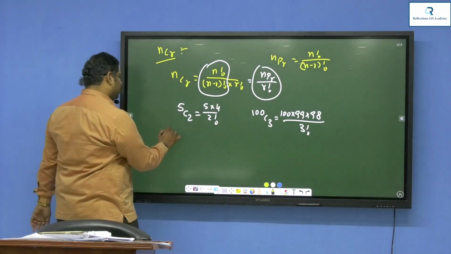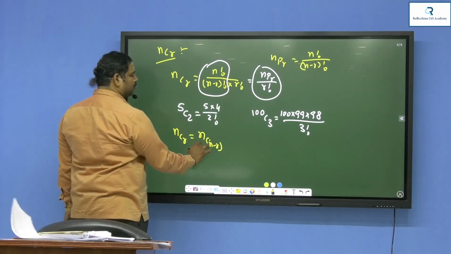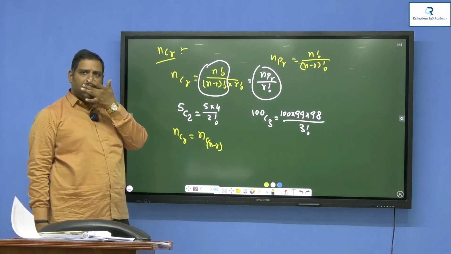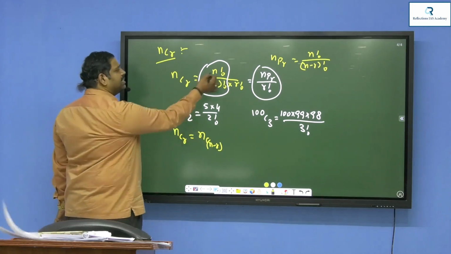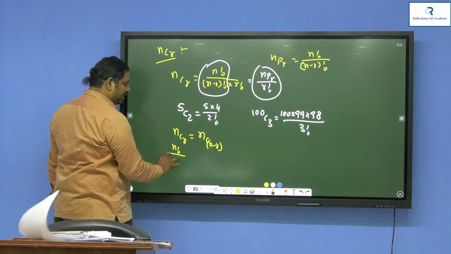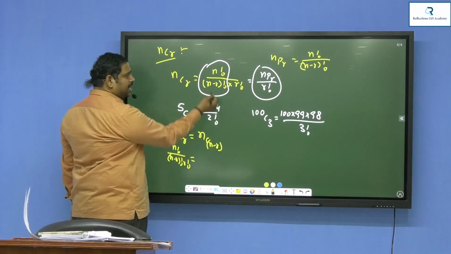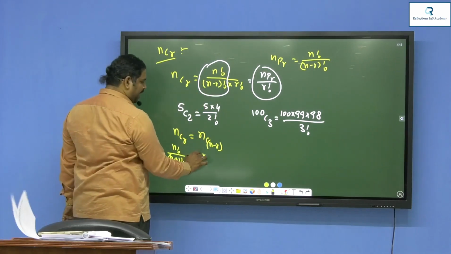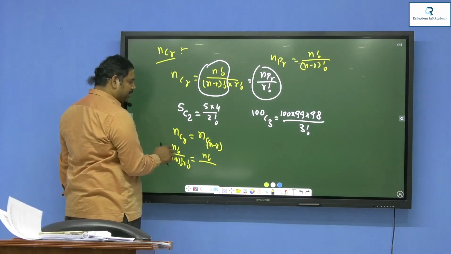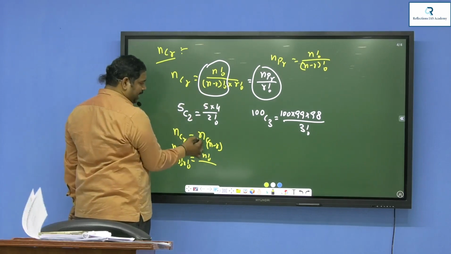Here, the beauty of nCr is that nCr is equal to nC(n minus r). These two are equal. Because suppose if you want nCr, can I apply this formula: n factorial by (n minus r) factorial into r factorial? Yes or no? Now for nC(n minus r), I am applying this formula. n factorial by, here in the denominator you have to write the difference between these two, n and n minus r.